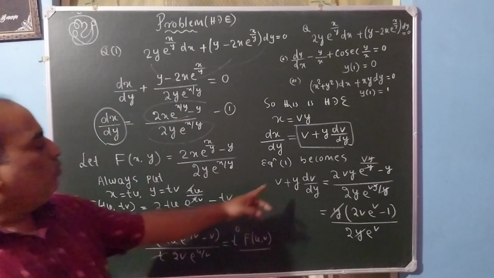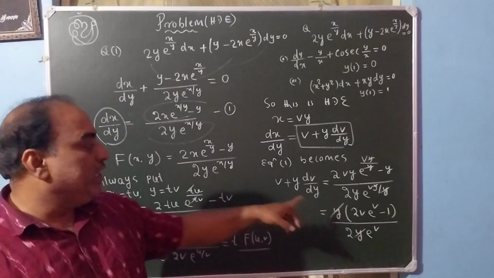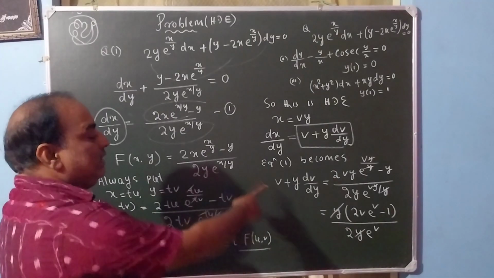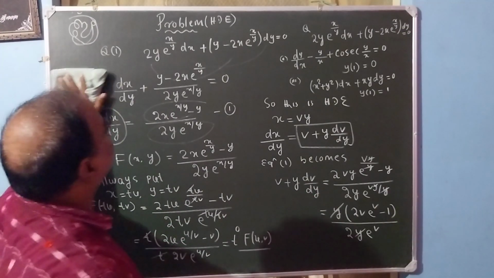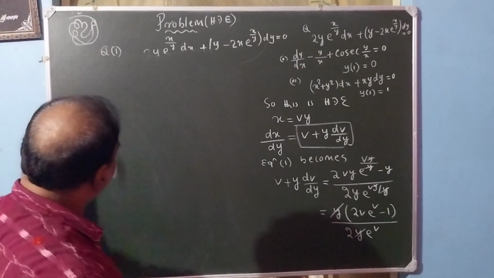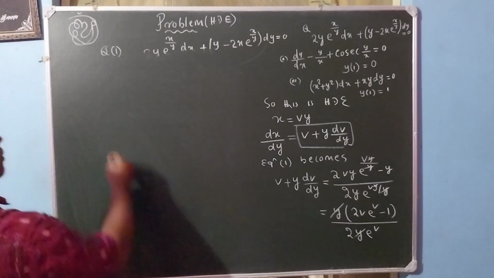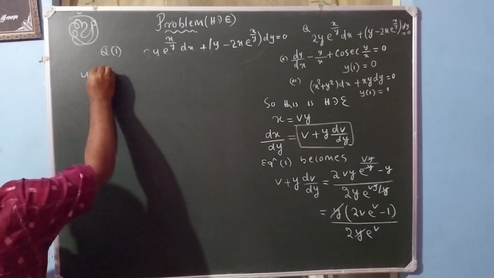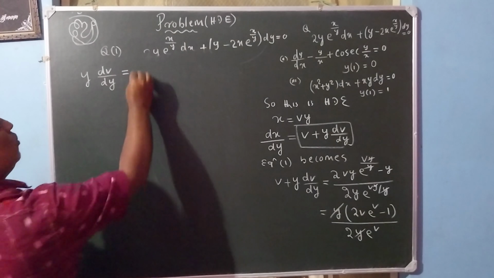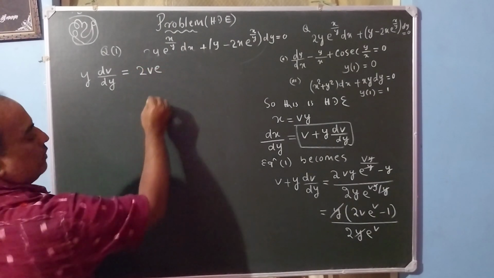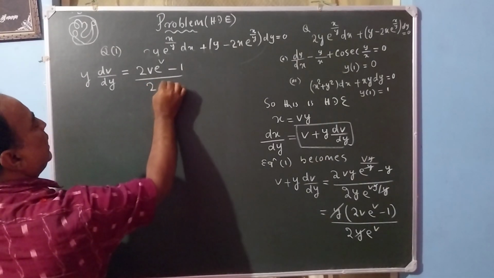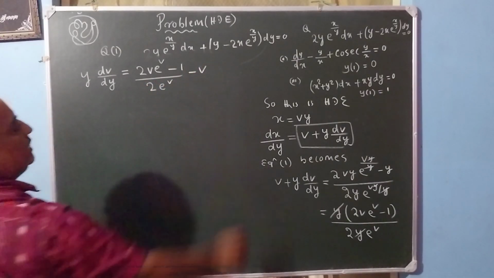Now we have to separate the variables. Here v will go to that side. So we get y dv by dy is equal to (2v e to the power v minus 1) by 2 e to the power v, minus v.